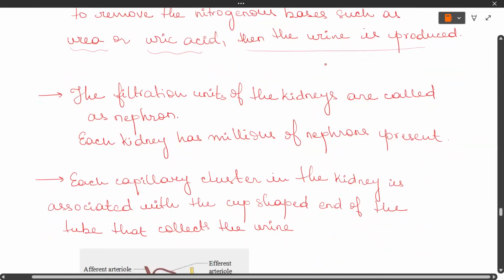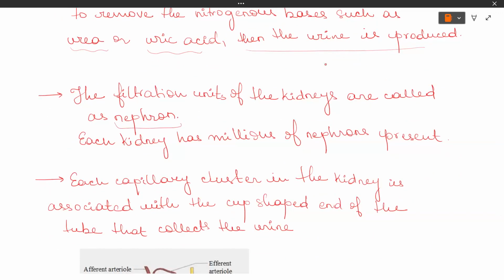The filtration units of the kidneys are known as nephrons. Just like the cell is the unit of life, nephrons are the functional units of the kidneys. In each kidney, millions of nephrons are present.